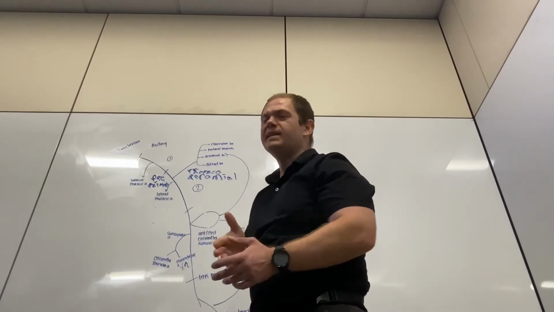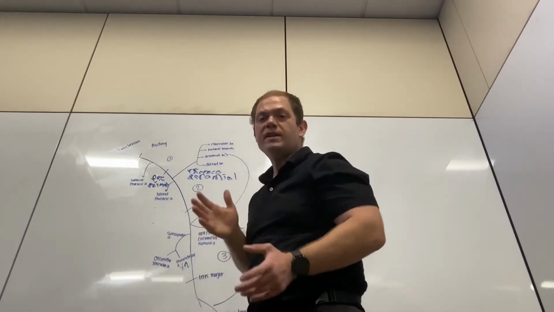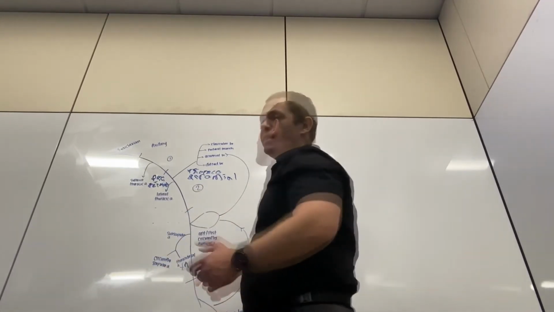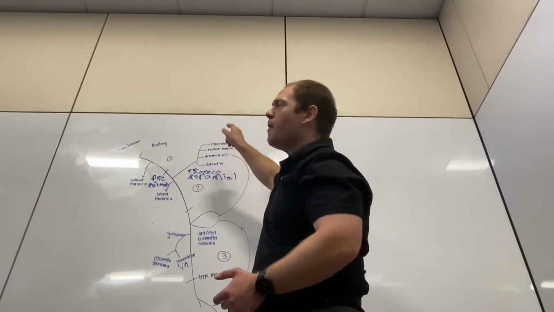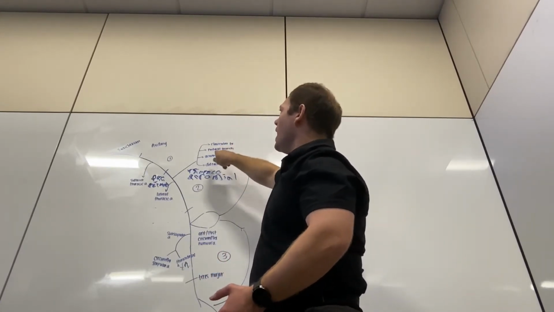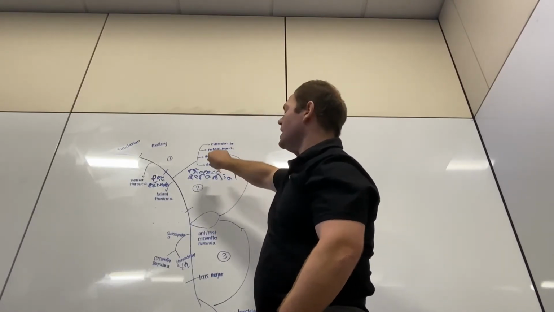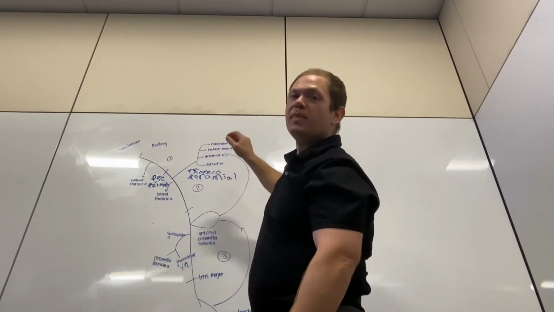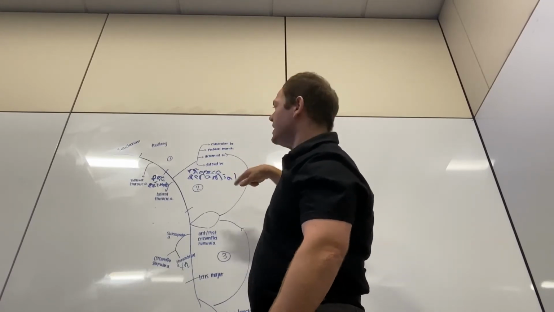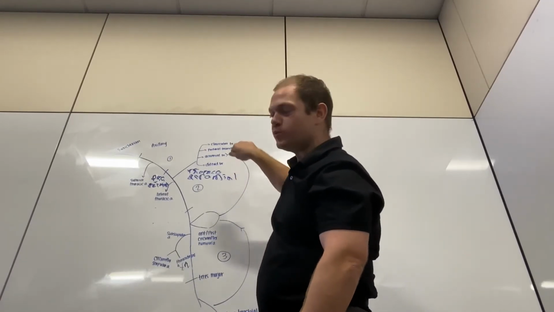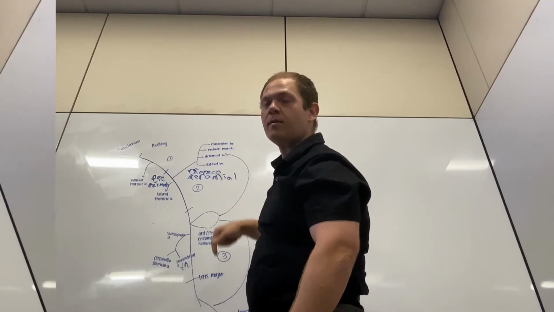instantly splits into 4 different arteries: the clavicular, pectoral, acromial, and deltoid branches. We'll get into what anastomoses with this later.